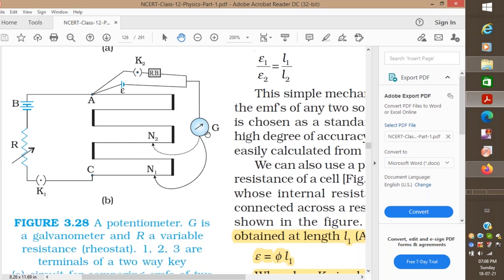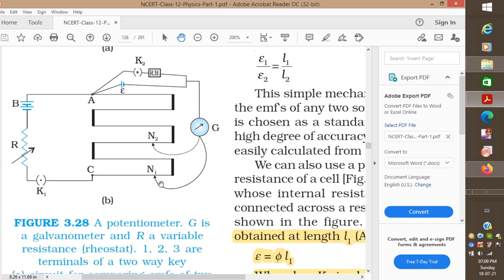You have to find at which length of the wire you get zero deflection. I start from A and slide over the wire, and maybe we get null deflection when only the cell is connected, here at AN1, where I can take the length as L1.